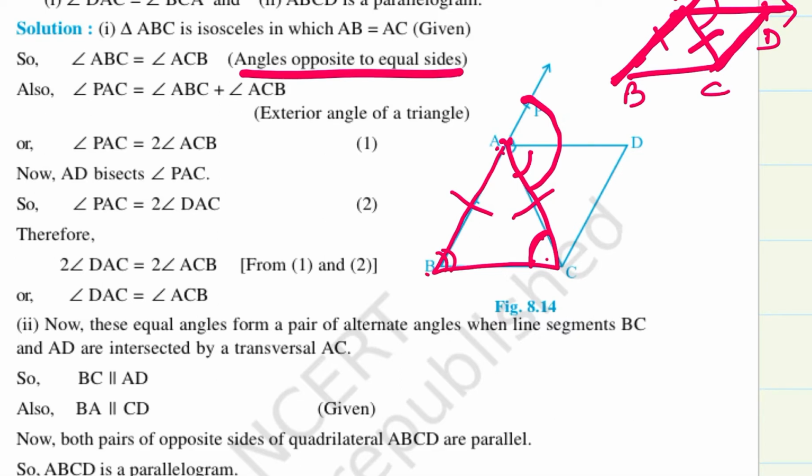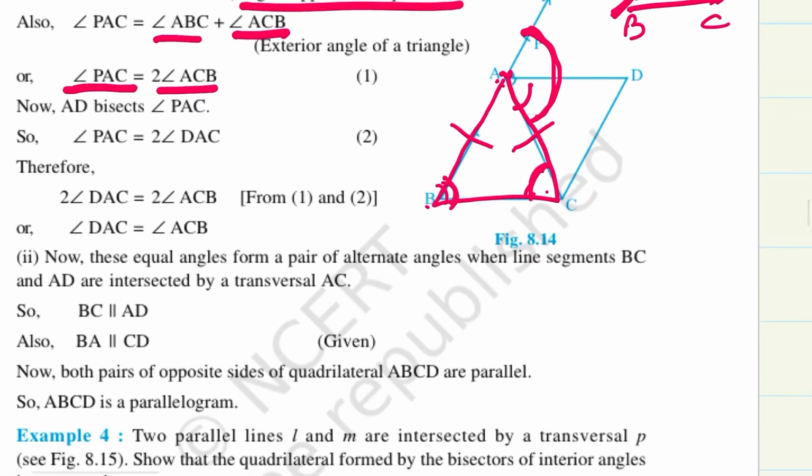So we have angle ABC plus angle ACB equal to angle PAC. Now, since these two angles are equal to each other, I can write angle PAC is equal to 2 angle ACB. Now AD bisects angle PAC, and therefore angle PAC is equal to 2 angle DAC.